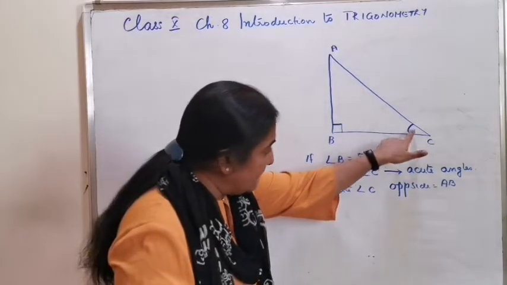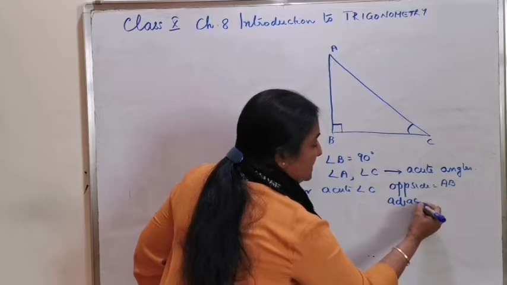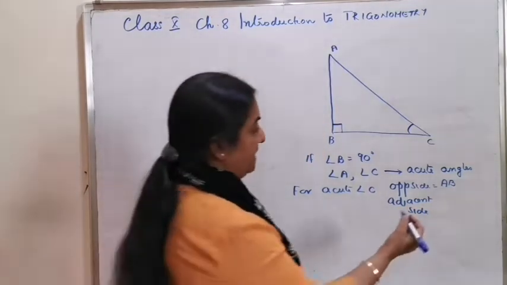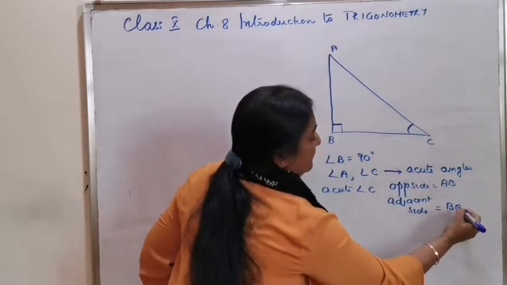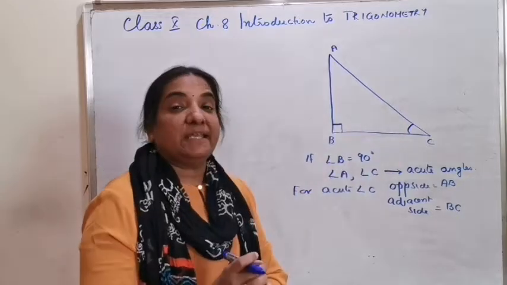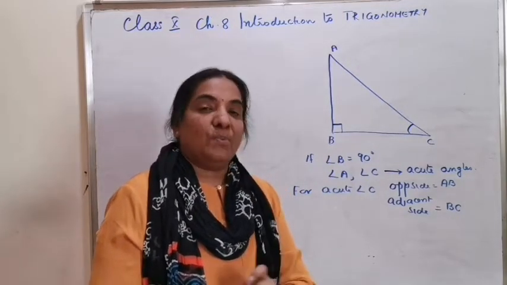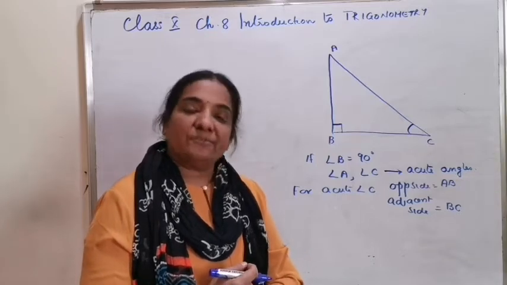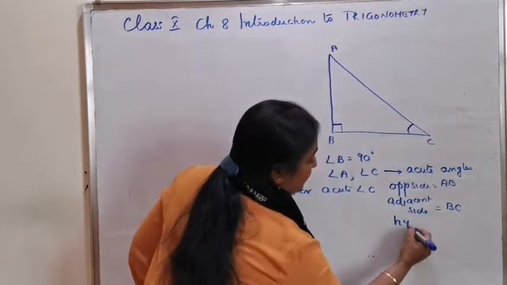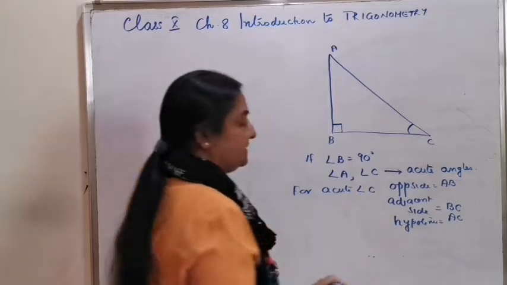And for angle C, its adjacent side. What's the meaning of adjacent side? That means a side close to it, which is BC. And in a right triangle, the hypotenuse takes a fixed position. What is that position? Always the side opposite to the right angle will represent the hypotenuse. So, which is the hypotenuse? The hypotenuse is AC.